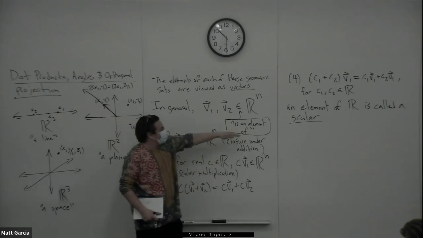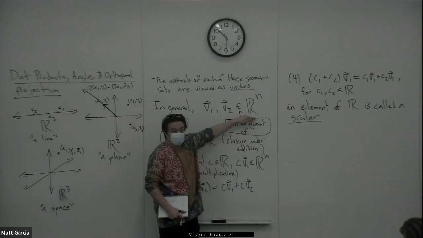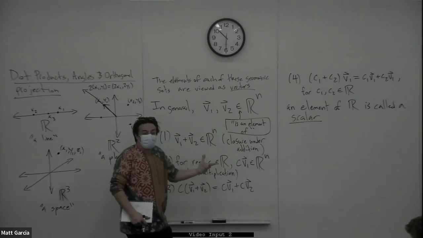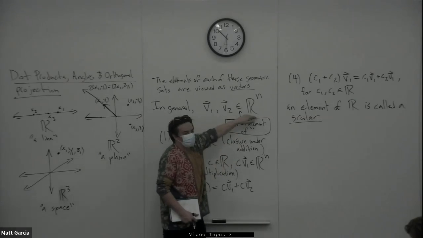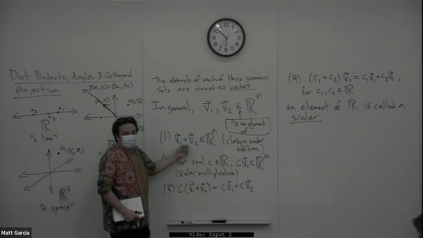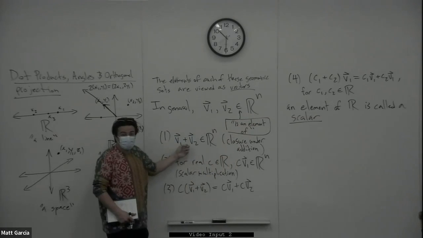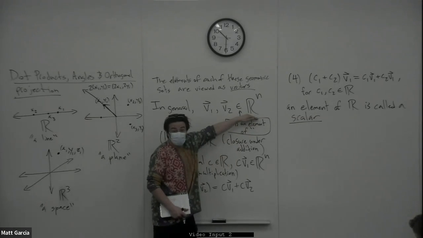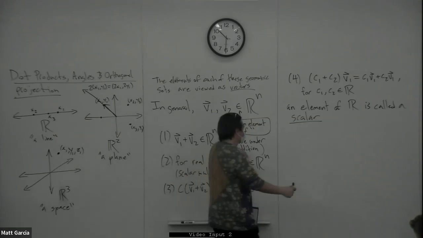So we'll only be concerned in this course with Rn for n a positive integer. But just be aware that we could replace Rn with some arbitrary set where there is a notion of addition and scalar multiplication by real numbers. But for us, we're only concerned with Rn. Okay.